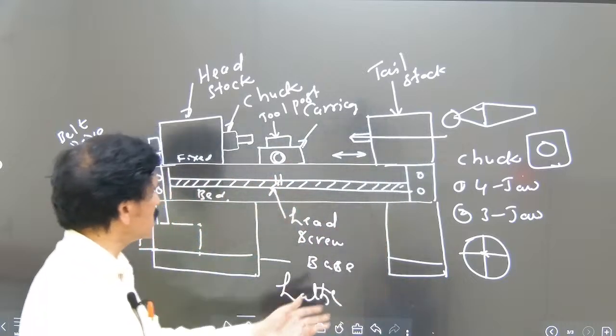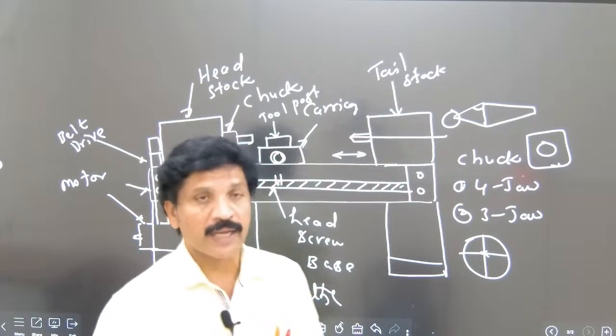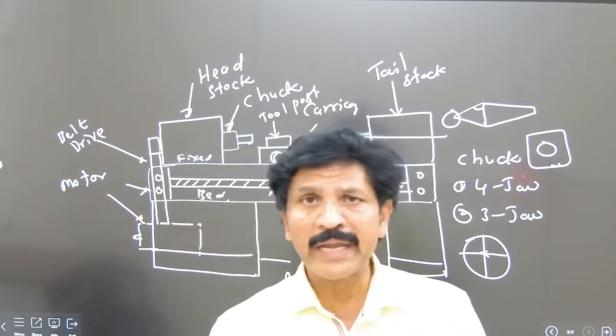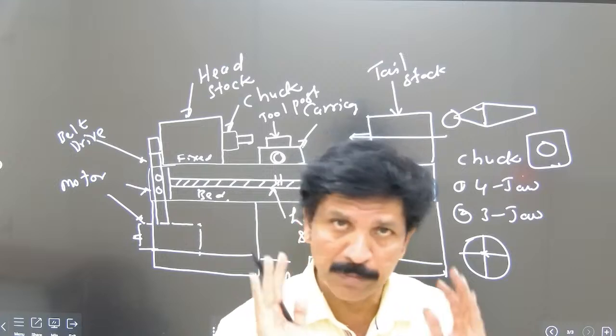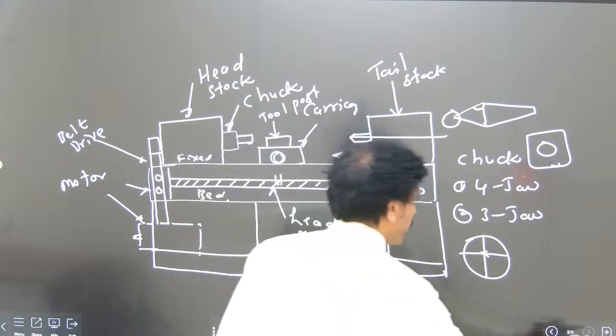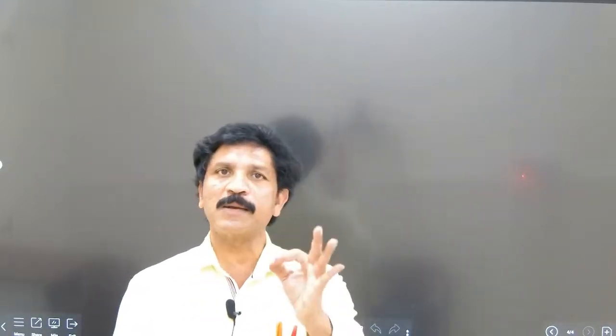Okay, so this is the line sketch of the lathe machine. What are the different types of operations that are carried out on the lathe machine? Let's see here. The first operation on the lathe machine is the step turning operation.